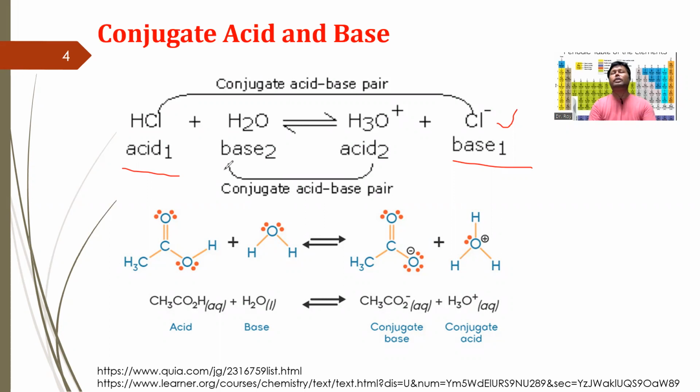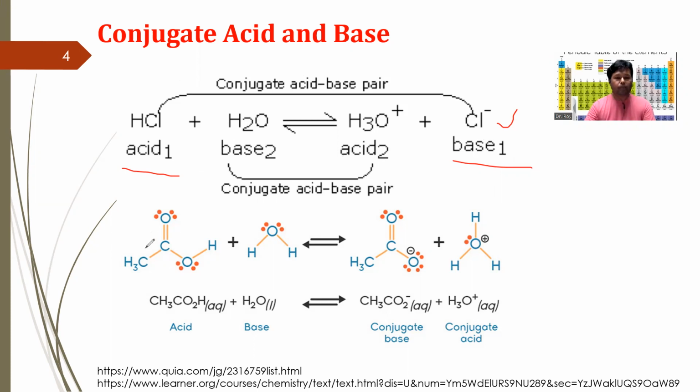And if we define the conjugate acid or base pair, then if the acid or base, by donating or accepting one proton, converts into another acid or base, we consider that pair. That means when this acid donates one proton, it forms a base, so this acid and base are one conjugate acid base pair, and similarly this base and this acid are considered one conjugate acid base pair.